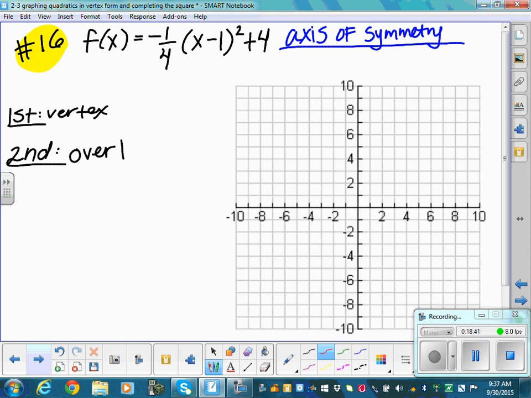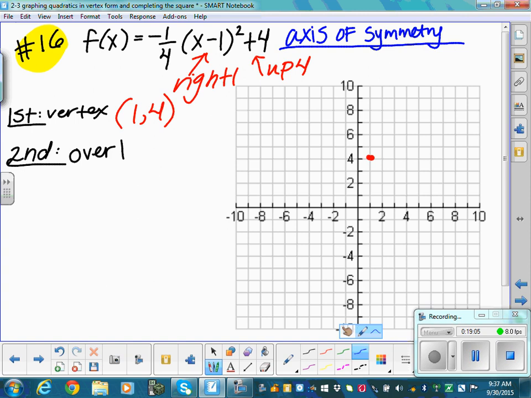First, determine your shift left and right. Where are we going? Right 1, and then up 4. So what's my vertex going to be at? 1, comma 4. So over 1, right 1, up 1, 2, 3, and 4.